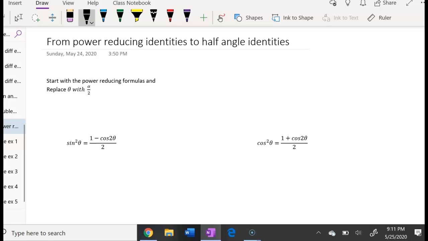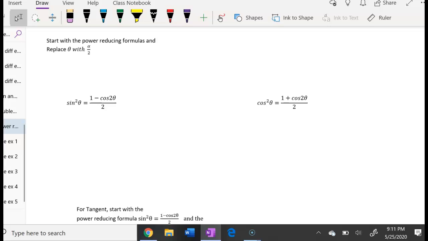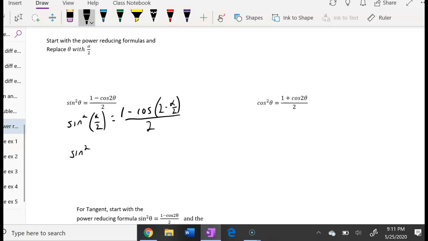So we're going to replace theta with alpha over 2. The sine squared of alpha over 2 is equal to 1 minus the cosine of 2 times alpha over 2, all over 2. The sine squared of alpha over 2 won't change, but the other side is going to get a little nicer: 1 minus the cosine of alpha, because 2 times alpha over 2 is alpha, and that's still over 2.